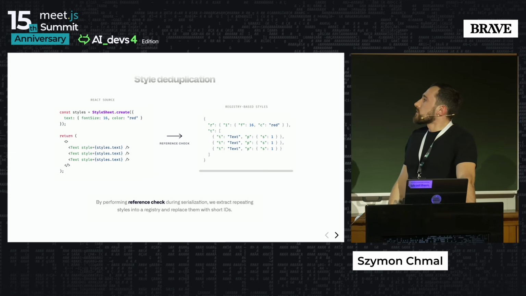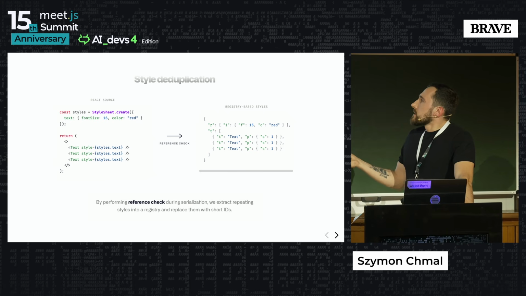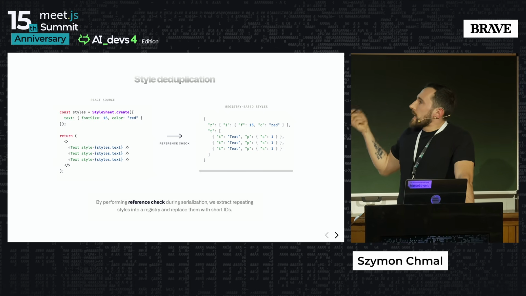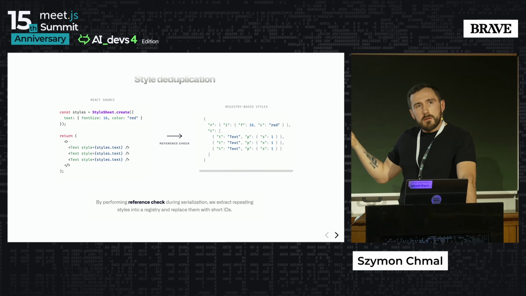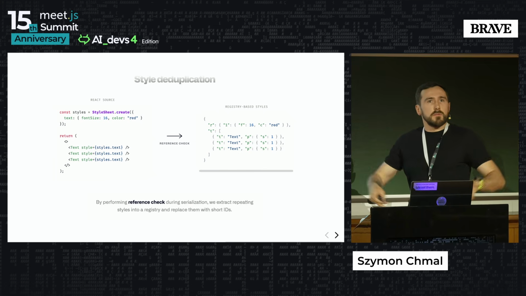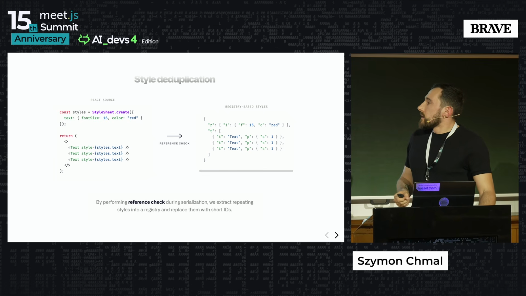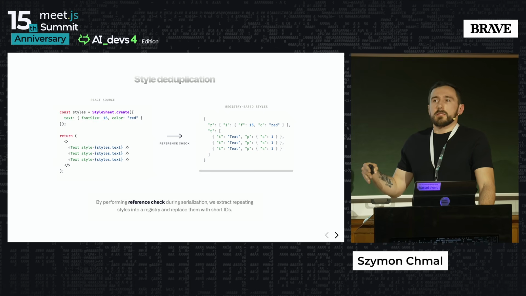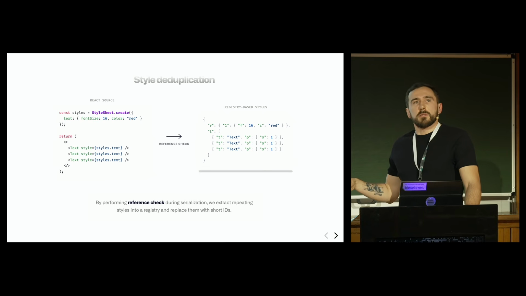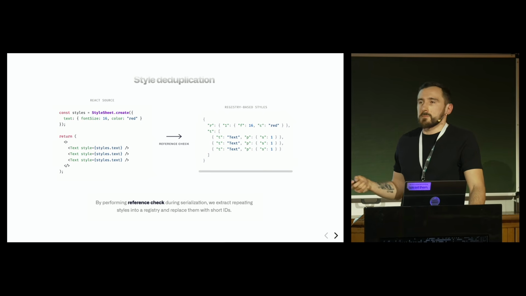So then we can try to deduplicate styles. So we know that there are cases when we create styles once and then reuse them across the app for many elements. And by default, we would send this style sheet many times in the JSON, which is a total waste of space.